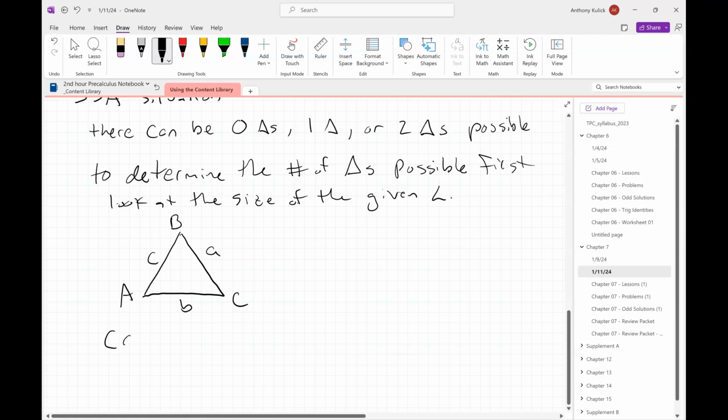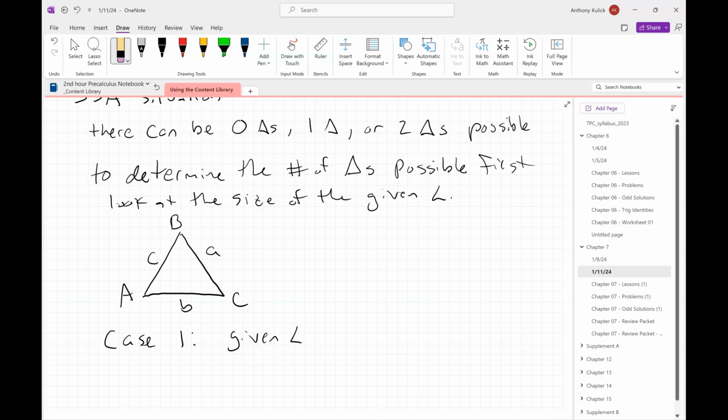So, case 1. The given angle, which we're going to assume for our picture is going to be angle A, is greater than or equal to 90 degrees.